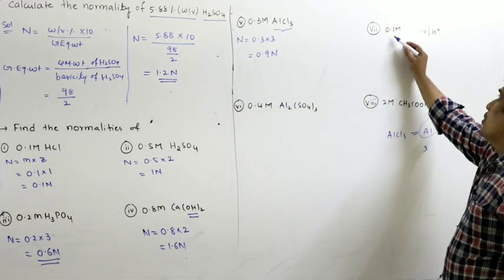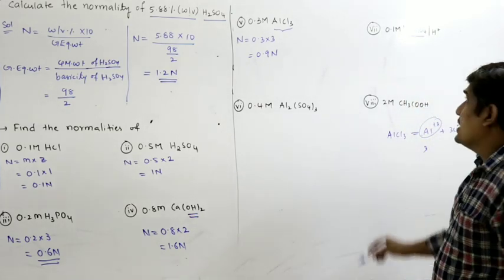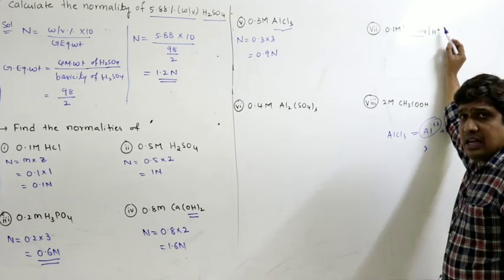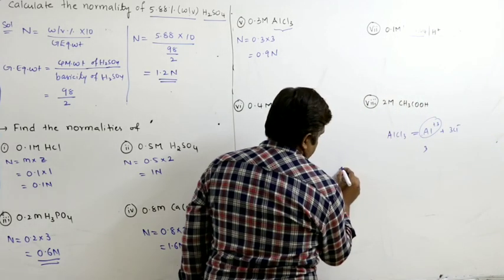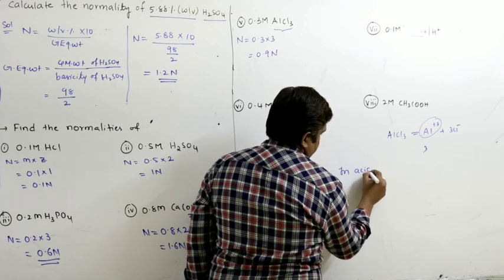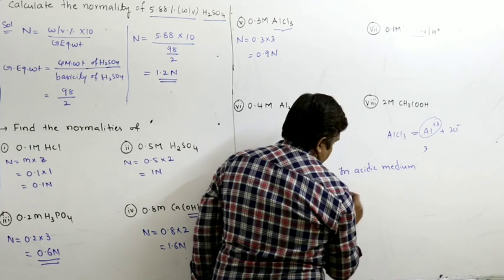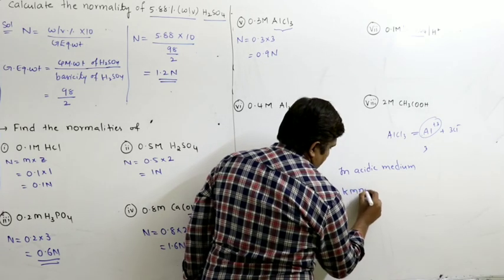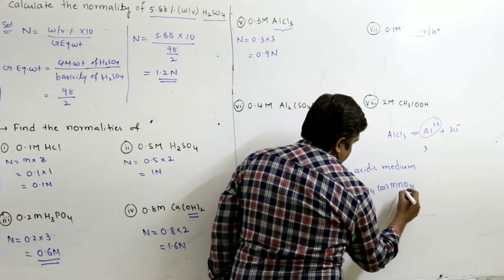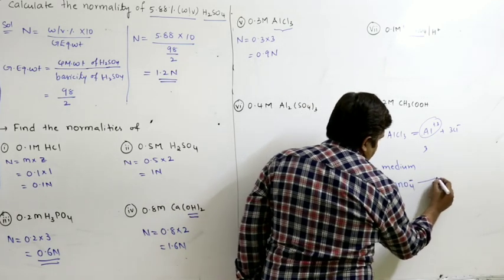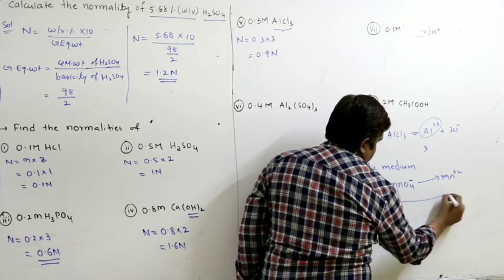Next, 0.1 molar KMnO4 in H plus. In H plus means acidic medium. So, in acidic medium, KMnO4 or MnO4 minus changes to what? Mn plus 2. So, what is the change in oxidation state?